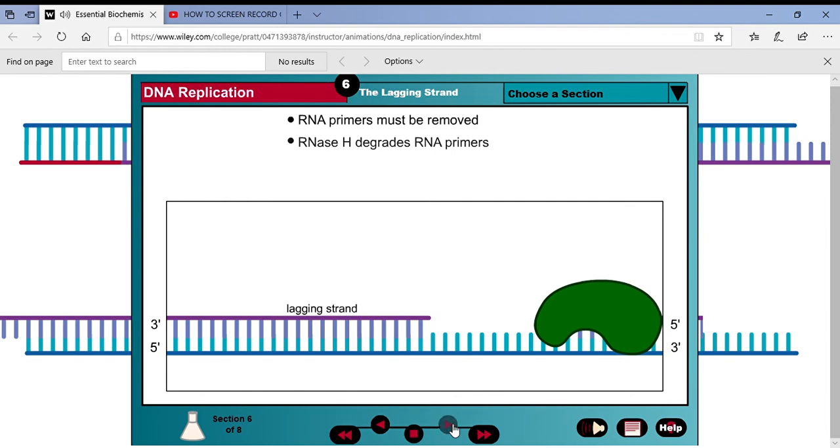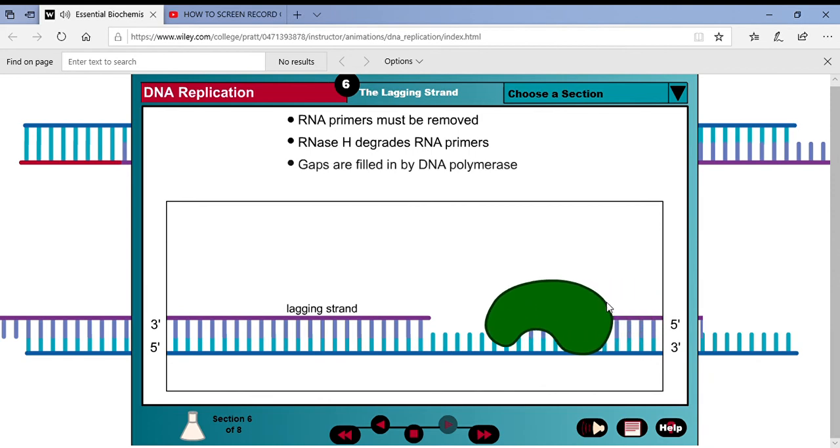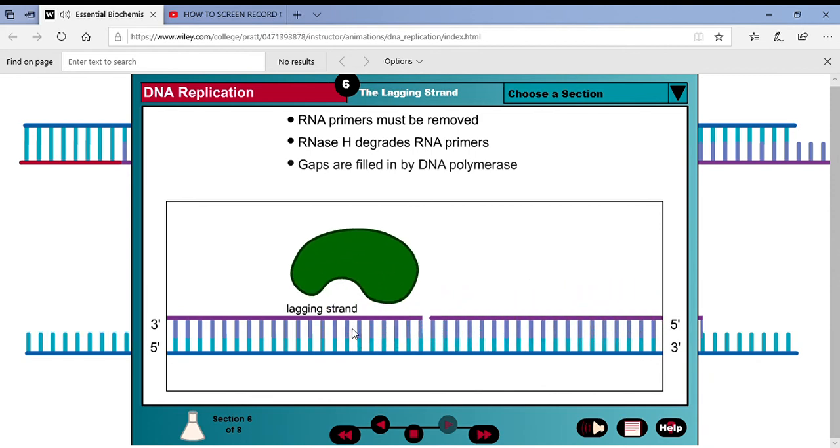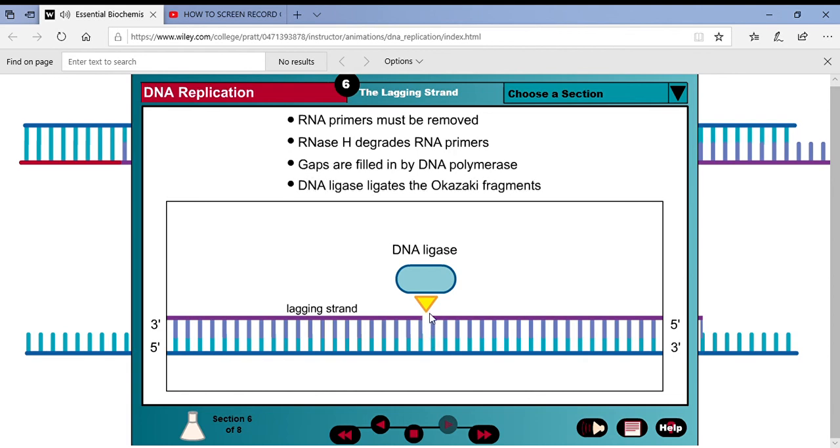Then we have to fill in the gaps. Who does that? This green blob named DNA polymerase. But it can't do the last bond, the last sugar to phosphate bond. So ligase comes in and glues the last little bonds together.